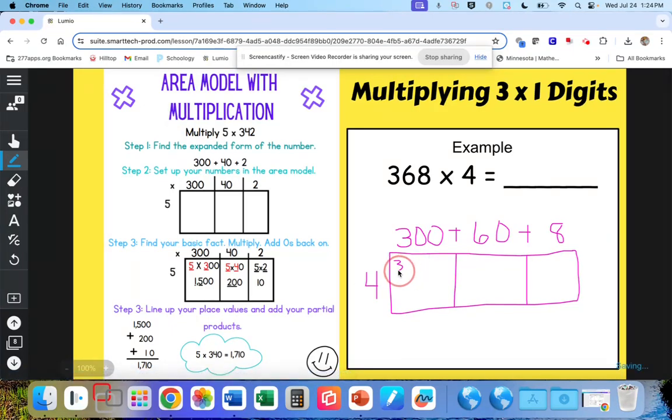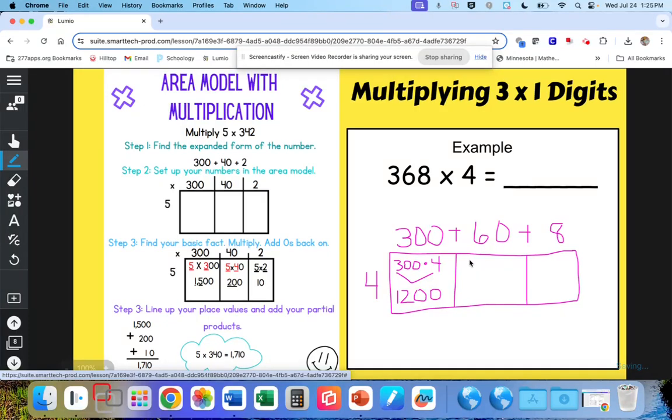So in this case, I have 300 times 4, the side number. So we can look at just our base numbers. 3 times 4 is 12. And I have 2 zeros that I forgot about there.